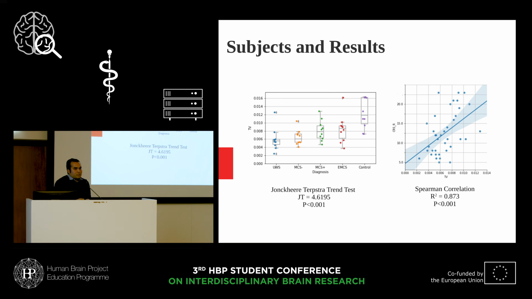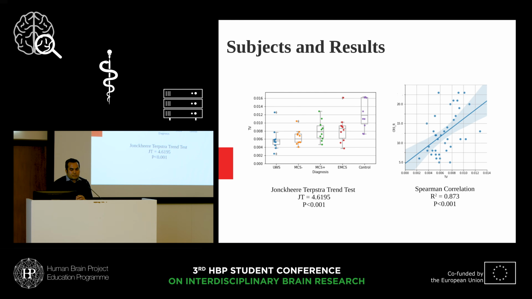The results were interesting because they show that the total variation increases with the level of consciousness. In each group, for example, UWS patients show lower total variation, which means that the signal is more smooth on the structural graph that we have made.